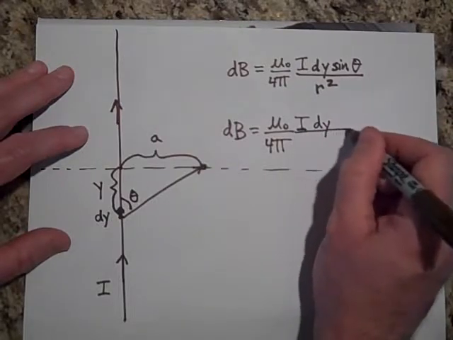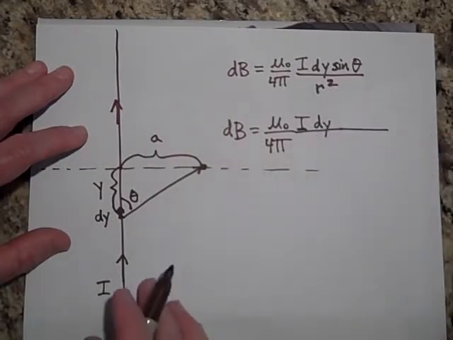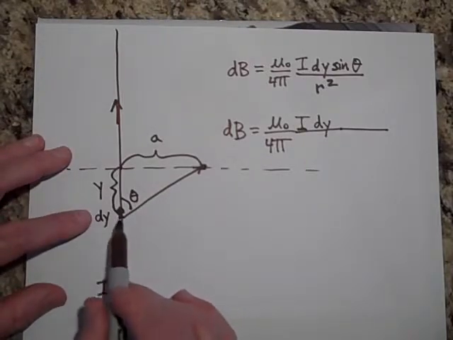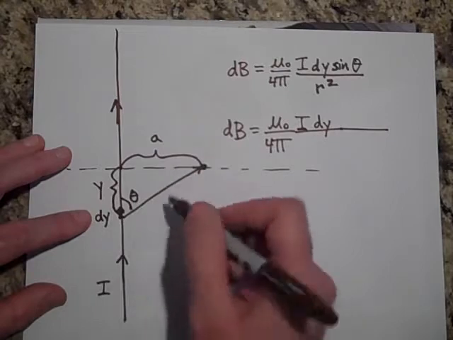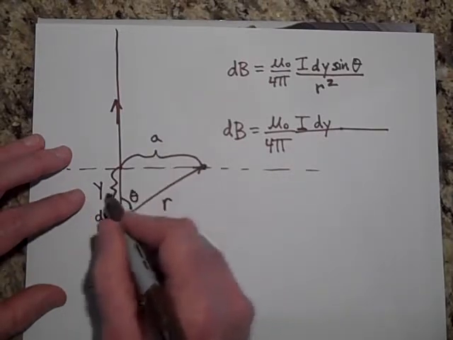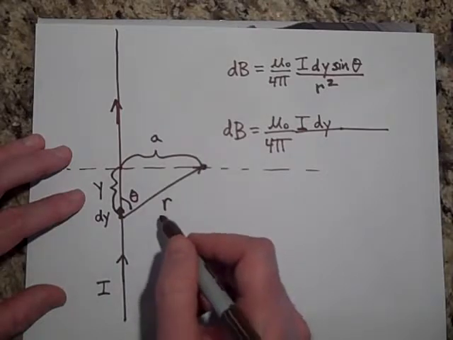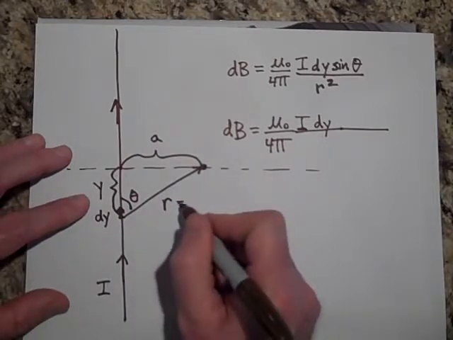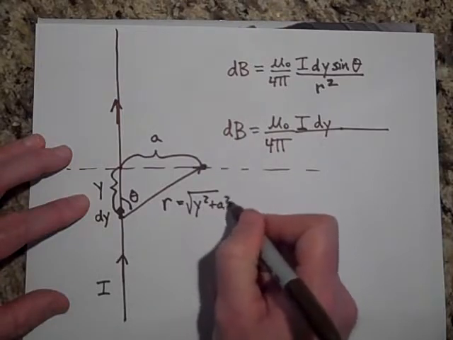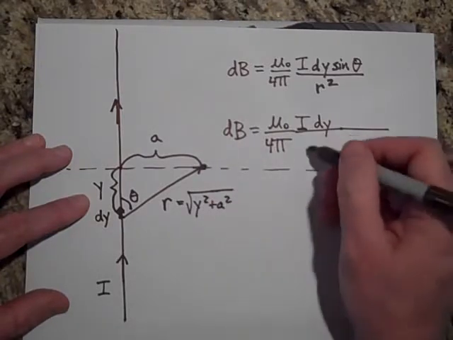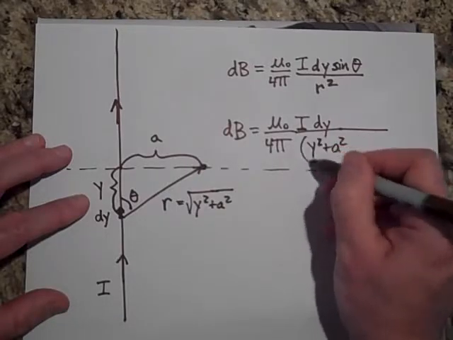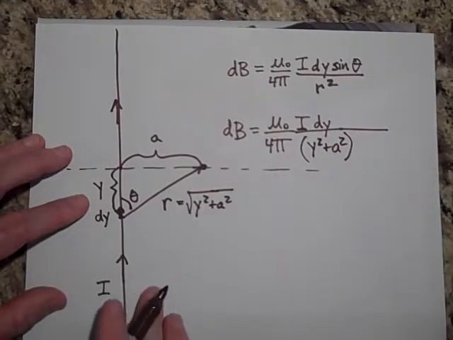But to get r squared in terms of y, if this is r, I can put that in terms of y with the Pythagorean theorem. It turns out that r is equal to the square root of y squared plus a squared, and when I square that, I just get y squared plus a squared.